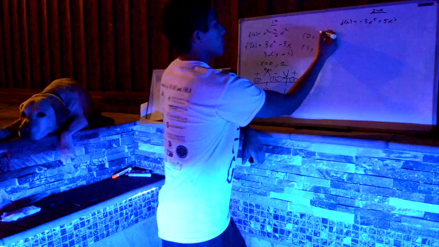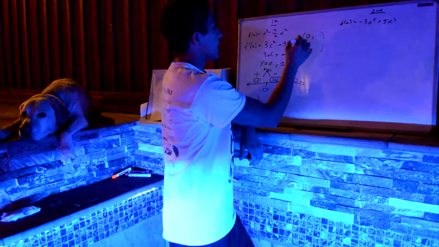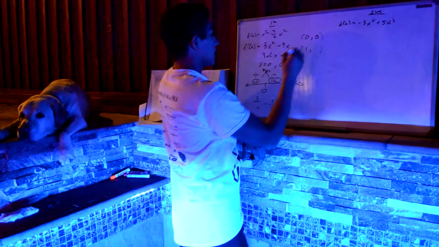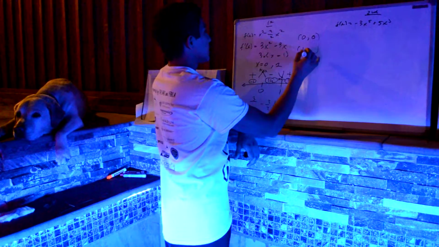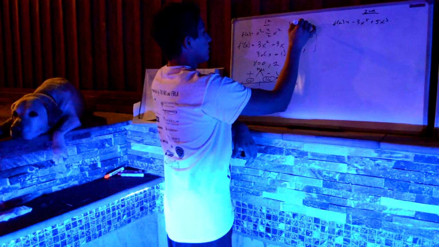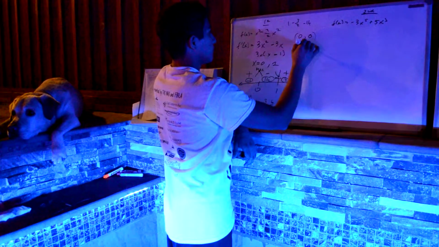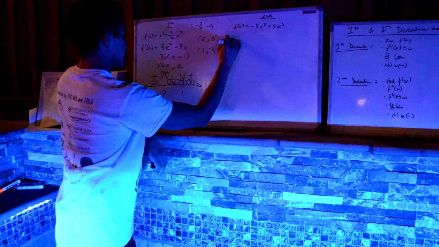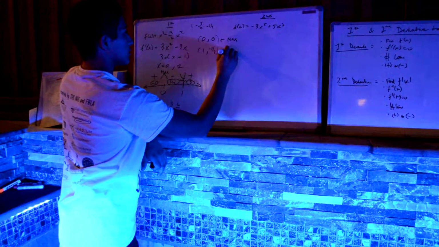So to figure out our points, we just do simple pre-cal and we plug it back in. So this will be 0, 0 actually. And this will be 1 minus 3/2, which is negative 1/2. So those are 2 points, right? And so you know this is when it's a maximum, and this is when it's a minimum, right?